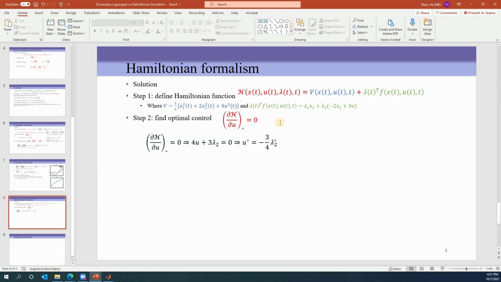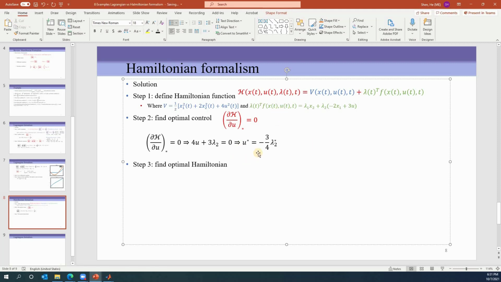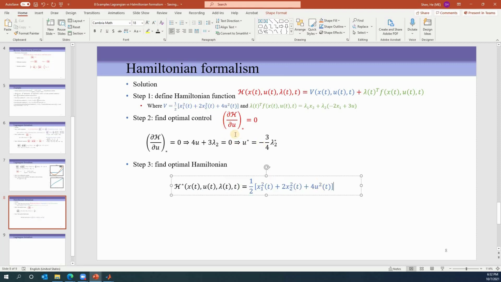The next step is to find an optimal Hamiltonian. The optimal Hamiltonian is to replace u by lambda so that the Hamiltonian will be a function of lambda and the states. The Hamiltonian is equal to this with u replaced by negative 3 over 4 lambda 2. So that will be half x1 squared plus 2x2 squared plus 4u squared.